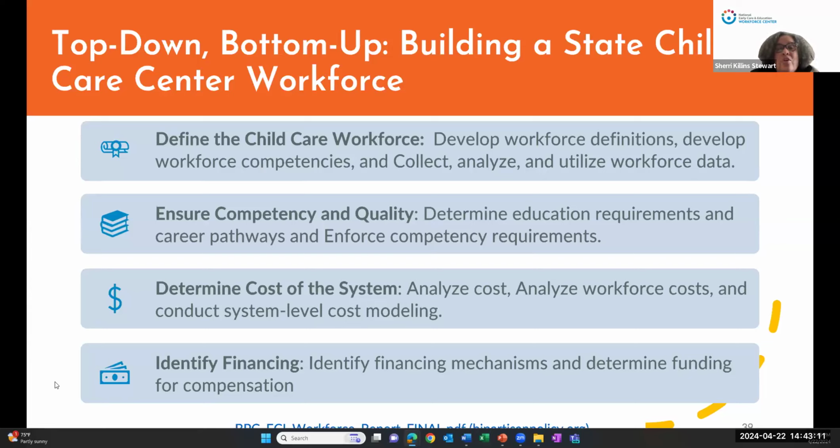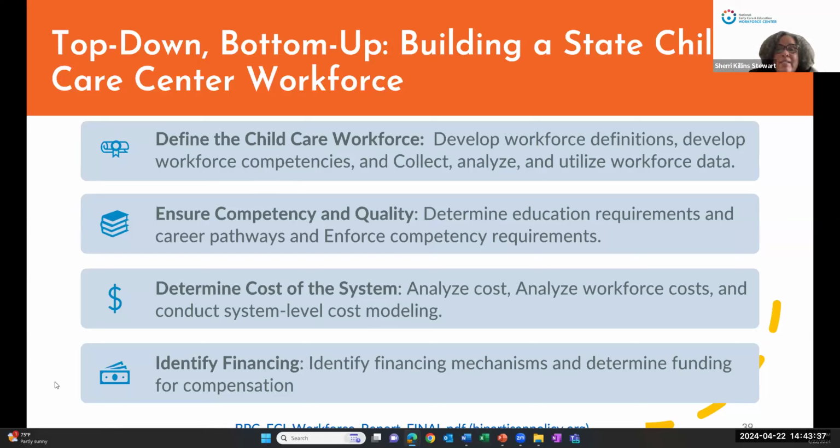Child care, Head Start. We suggest that all of that is a part of the workforce, but each state needs to be able to define the workforce, determine the competencies, be able to collect and analyze that data, and then support them to move towards quality, being clear about education requirements, what's the pathway and the link between the different levels, and then how will you enforce the competency requirements.